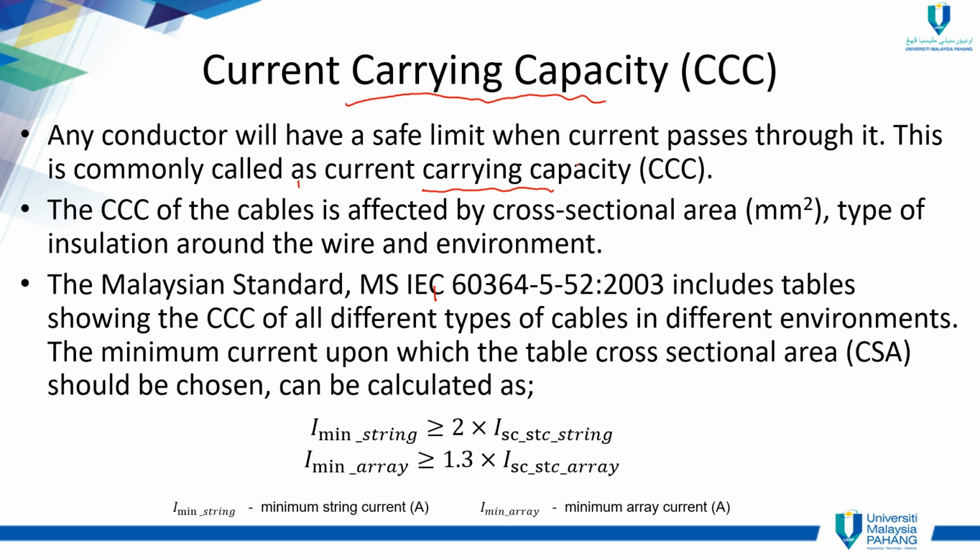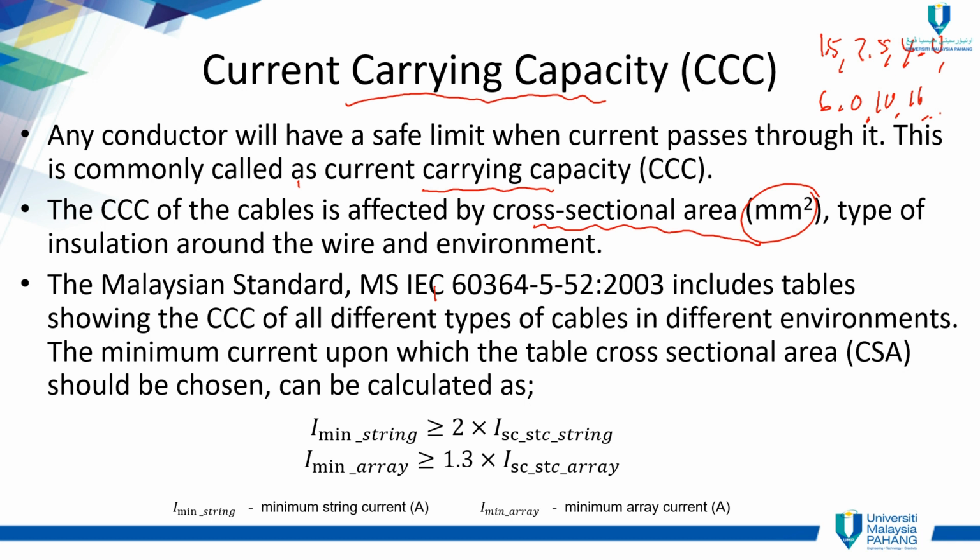The CCC of cables is affected by cross-sectional area in millimeter square, type of insulation around the wire, and environment. The cable sizes are 1.5, 2.5, 4.0, 6.0, 10.0, 16, and so on.